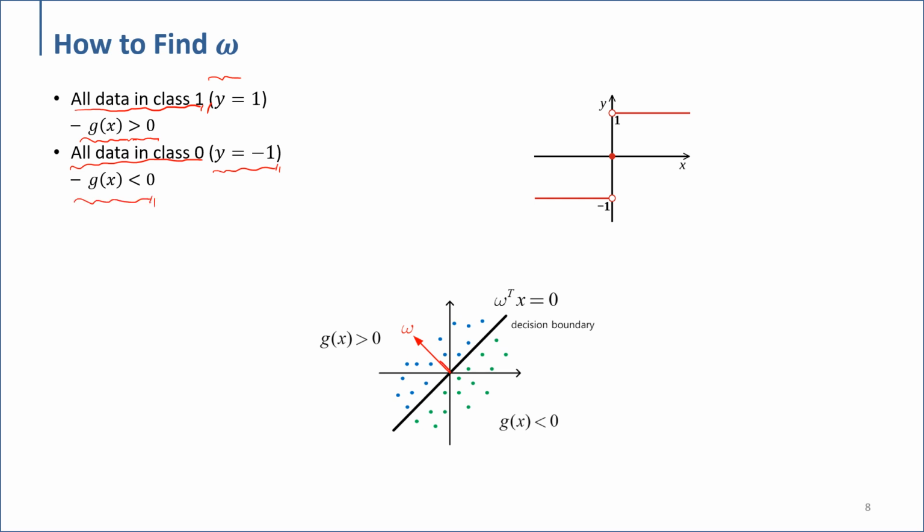So by knowing omega and the decision boundary, if the data lies in this way, we know that it falls into class 1, and these data will fall into class 0.